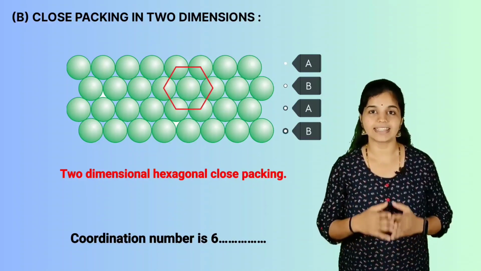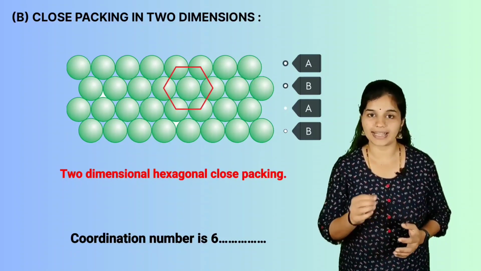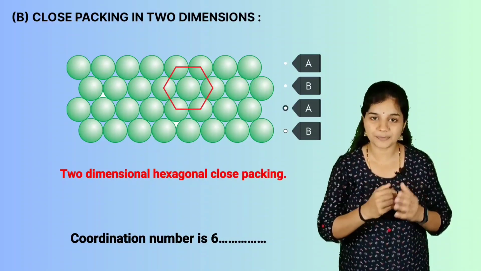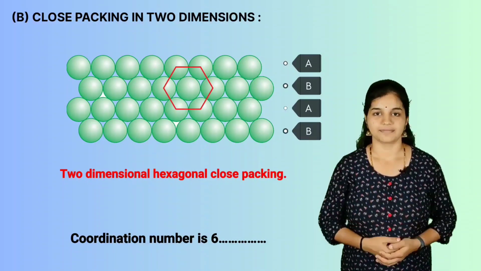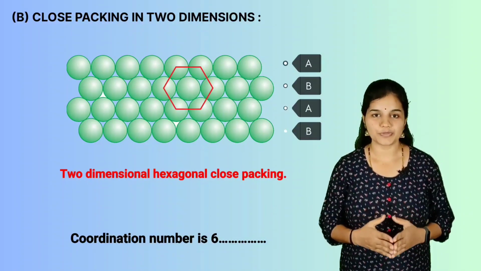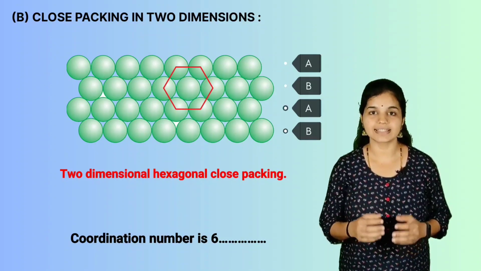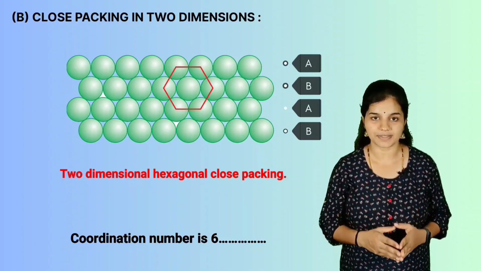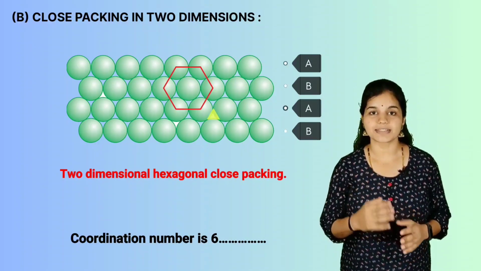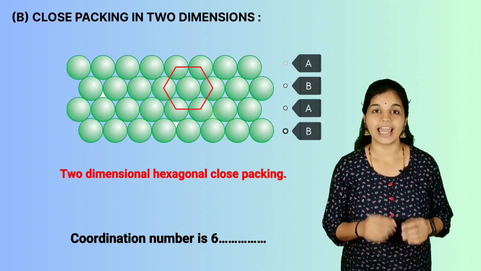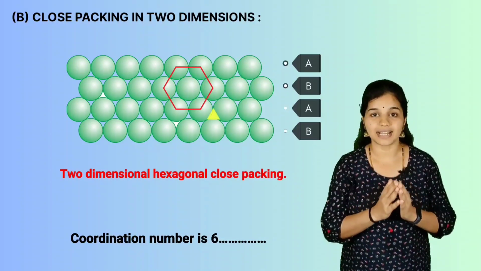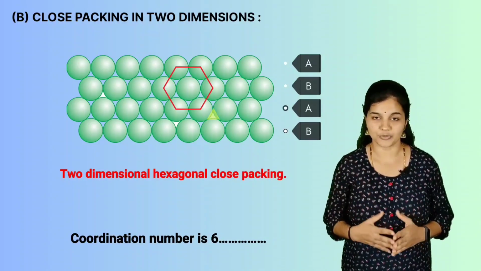It is because in the hexagonal close packing arrangement there is less free space between the spheres. From the figure you can observe that in between the layers there are some empty spaces. These empty spaces are called voids, and these voids are triangular in shape as you can visualize.